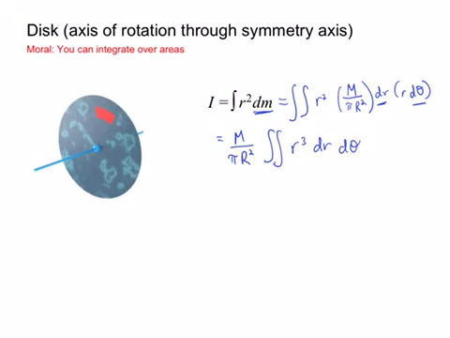Now we will have to integrate over all of the area of the disk. So when we integrate over the differential dr, we have to go from 0 to big R, the whole amount. Likewise, when you think about what angle we have to swoop through, we have to swoop from 0 to 2 pi.